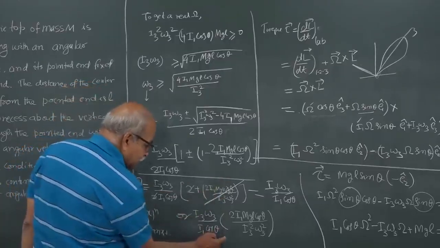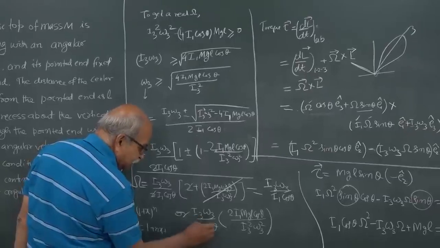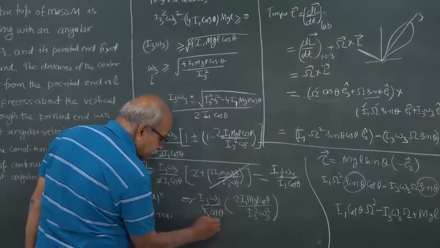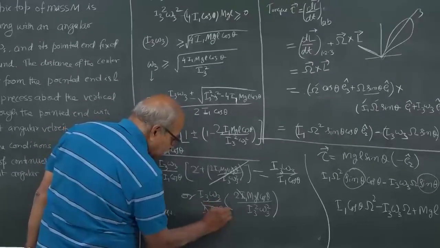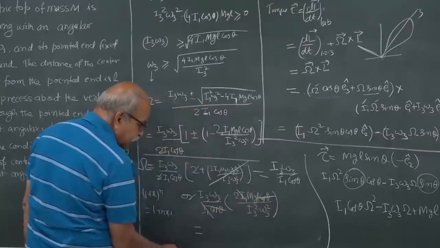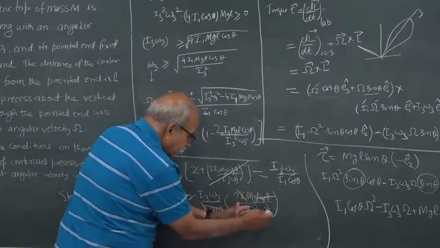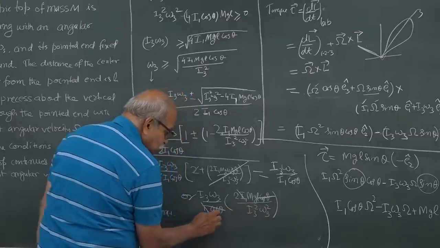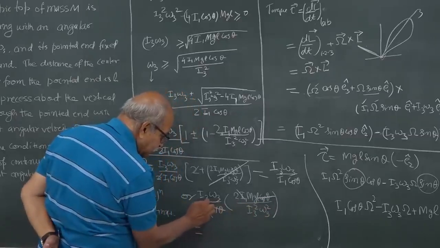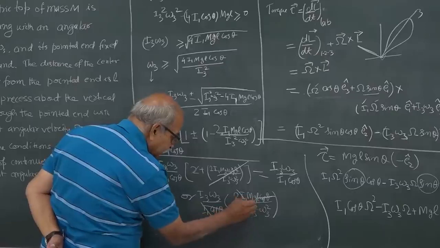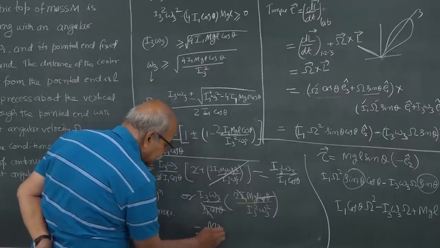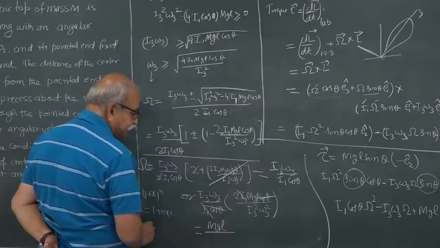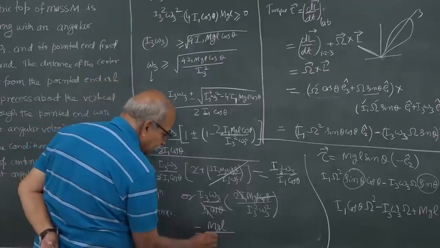The other choice is this, and then with this choice I_1 cancels out, this cos theta cancels out, and I_3 omega_3 will cancel one power of this. So, what you have is now mgl only in the numerator, divided by I_3 omega_3.